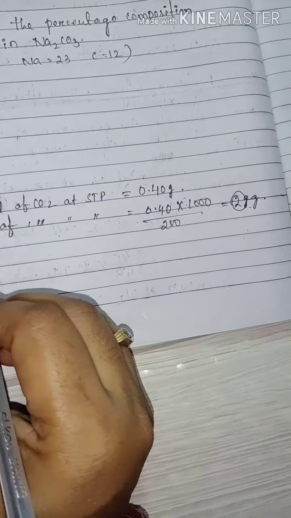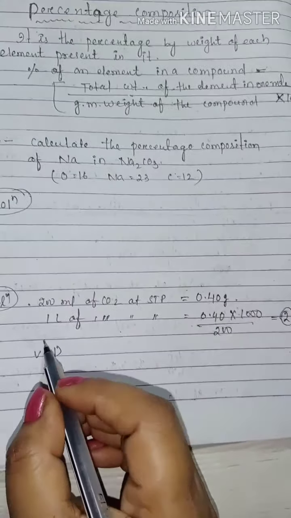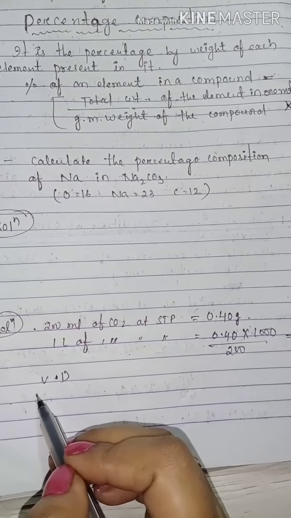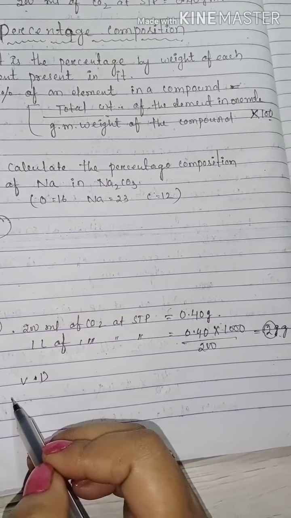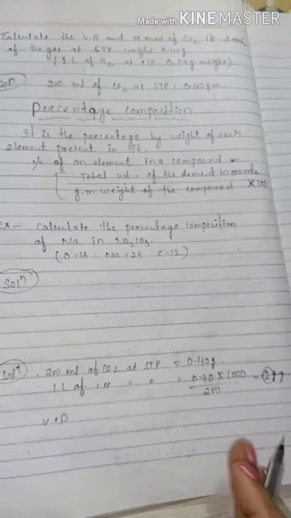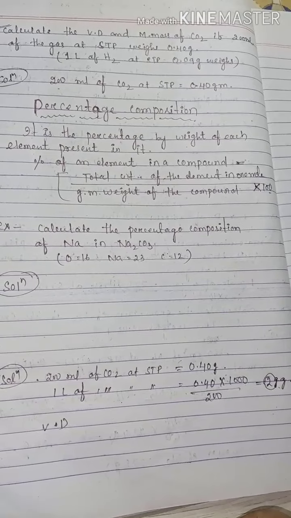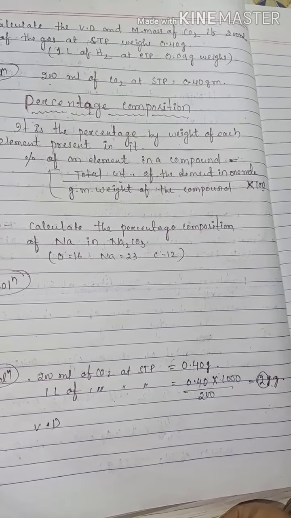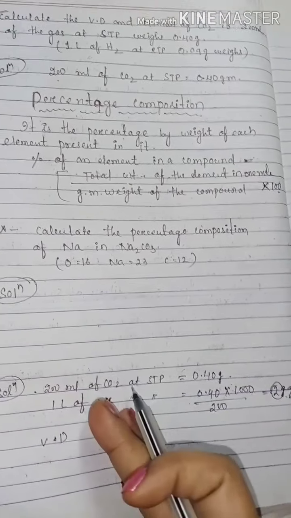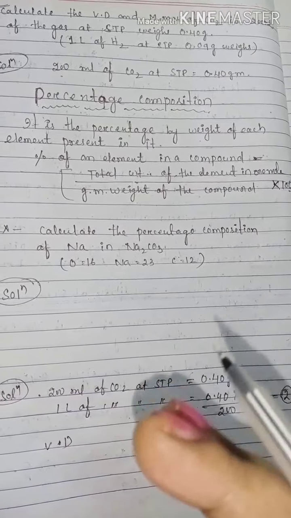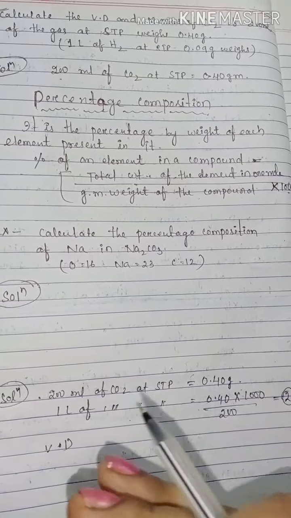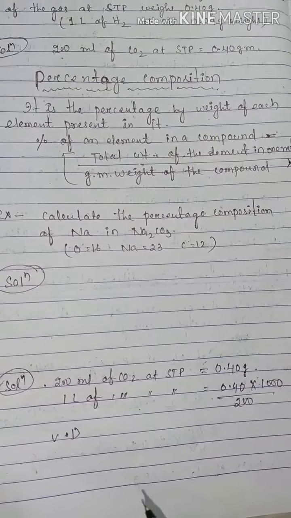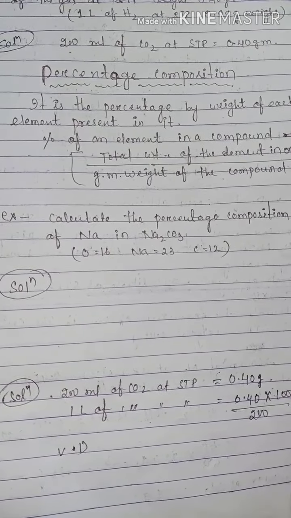But we have to calculate the vapor density. It is asking for the vapor density. To calculate it we need to know: relative vapor density means the weight of any volume of gas at STP divided by the weight of the same volume of hydrogen at the same STP condition.